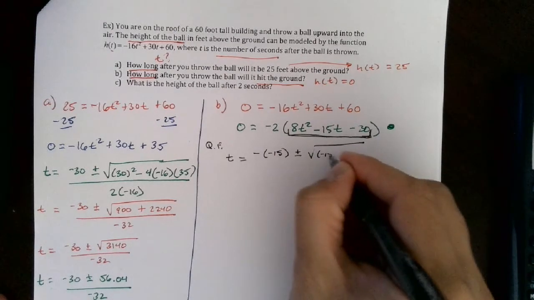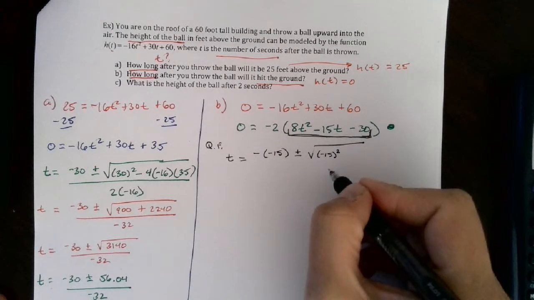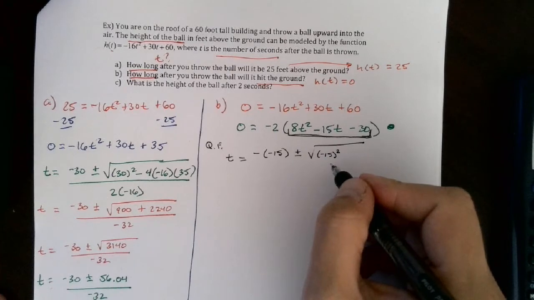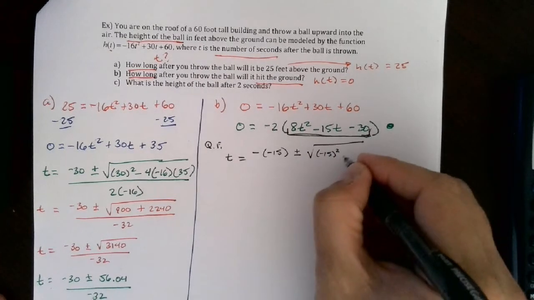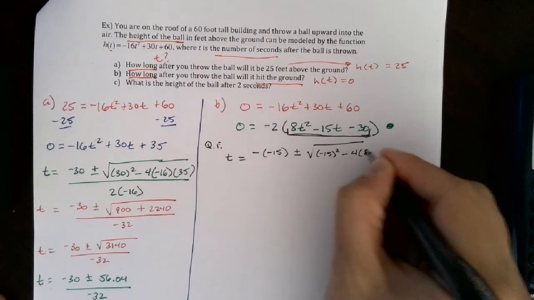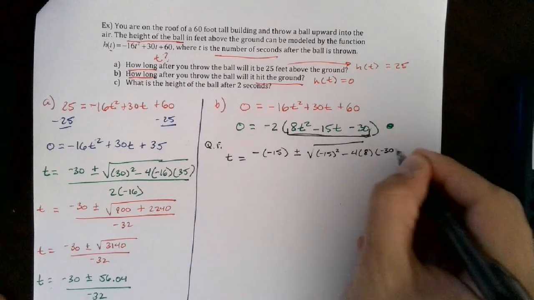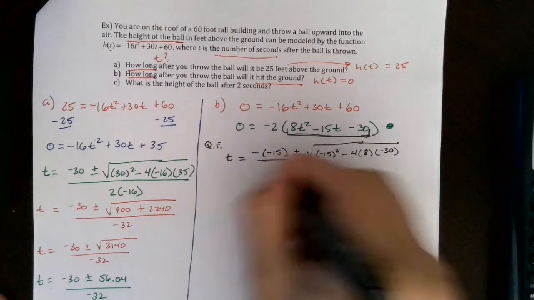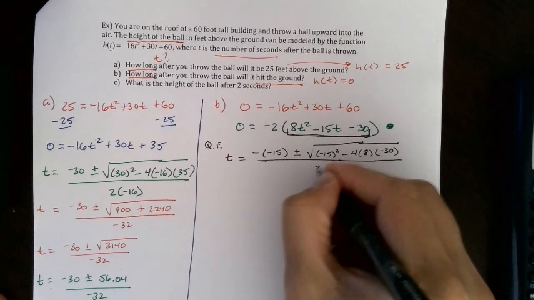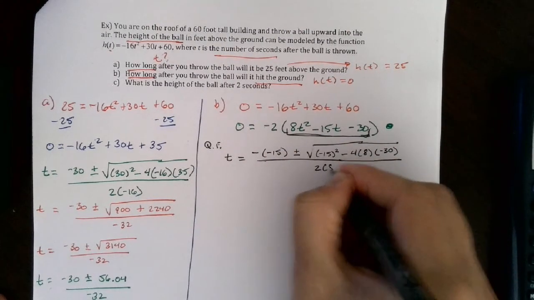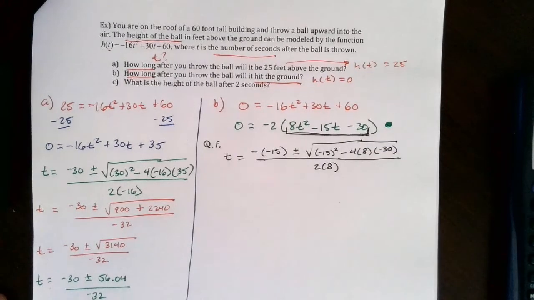So it's negative 15 squared. Make sure you have that negative 15 in parentheses, because that negative on the inside matters. Minus 4 times a, which is 8, times c, which is negative 30. And this is all over 2 times a, which is 8. Make sure you're using the correct equation.